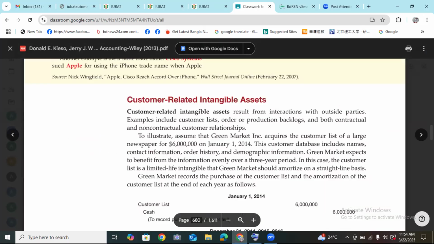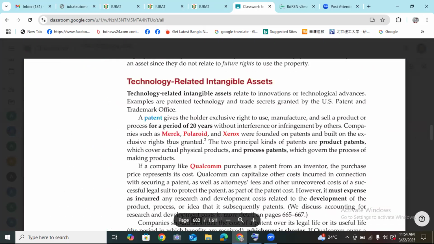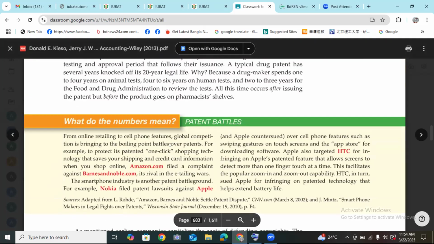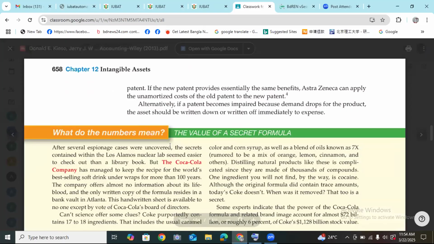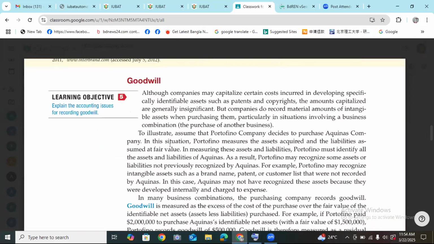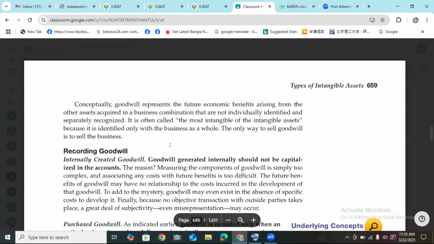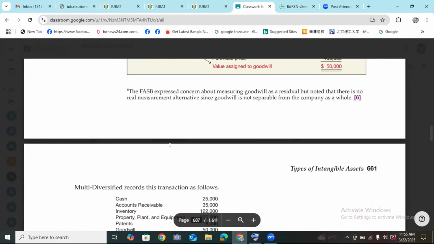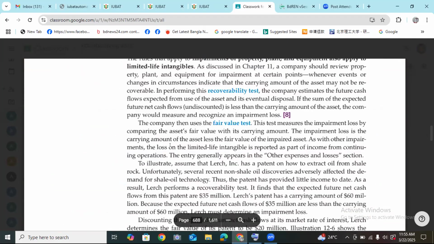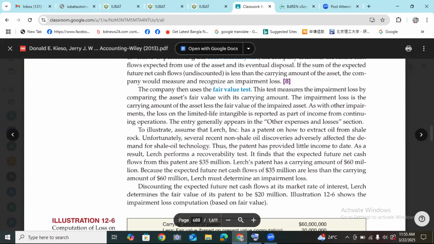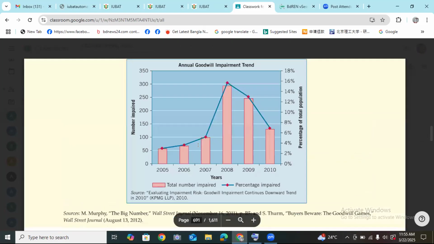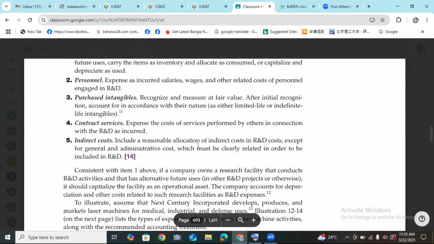Next class we'll discuss goodwill. We'll go through recording goodwill and solve some problems relating to goodwill. Then impairment of goodwill, then research and development.